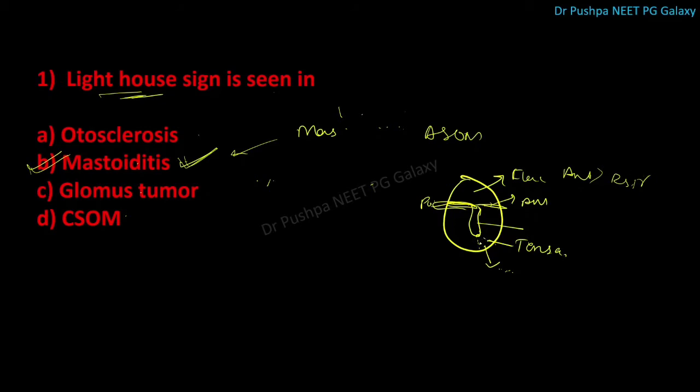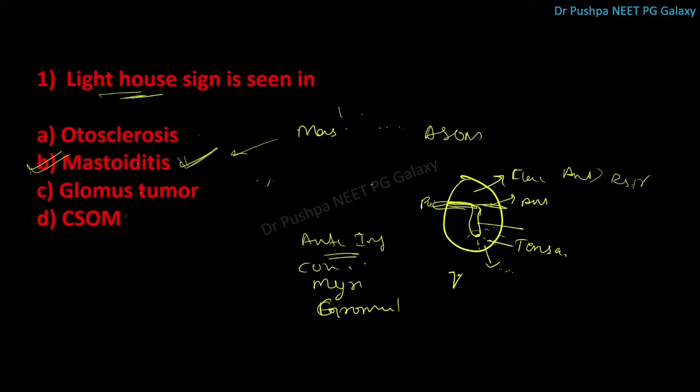This is a cone of light which is seen in the anterior-inferior segment of the tympanic membrane. This anterior-inferior segment has significance. That is, the cone of light is seen here, myringotomy is done here, and for grommet insertion we use this area.